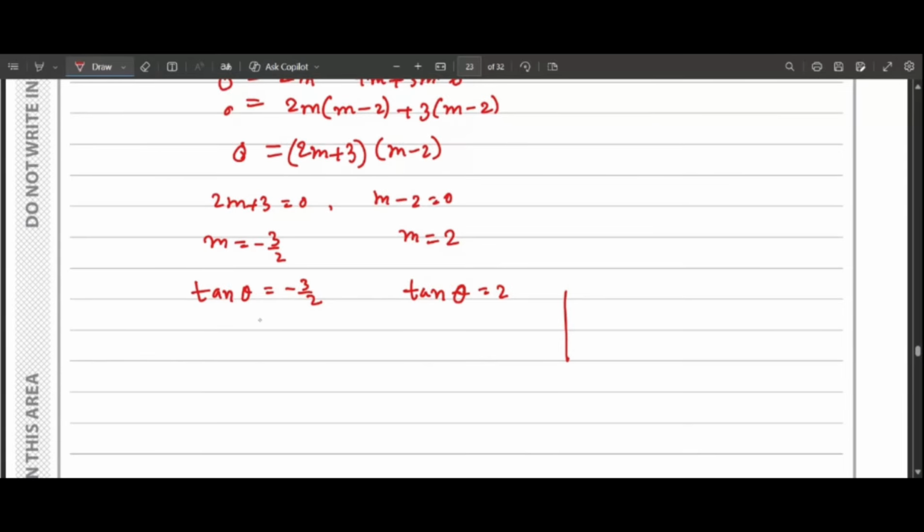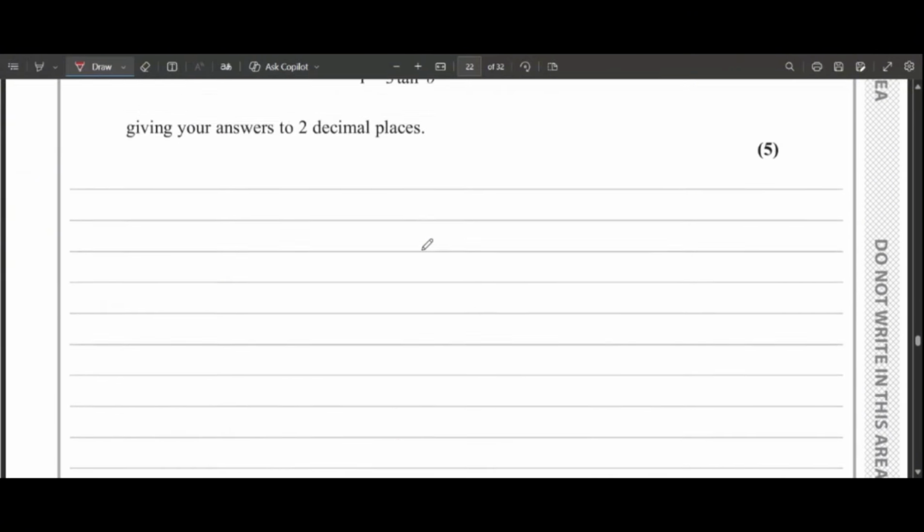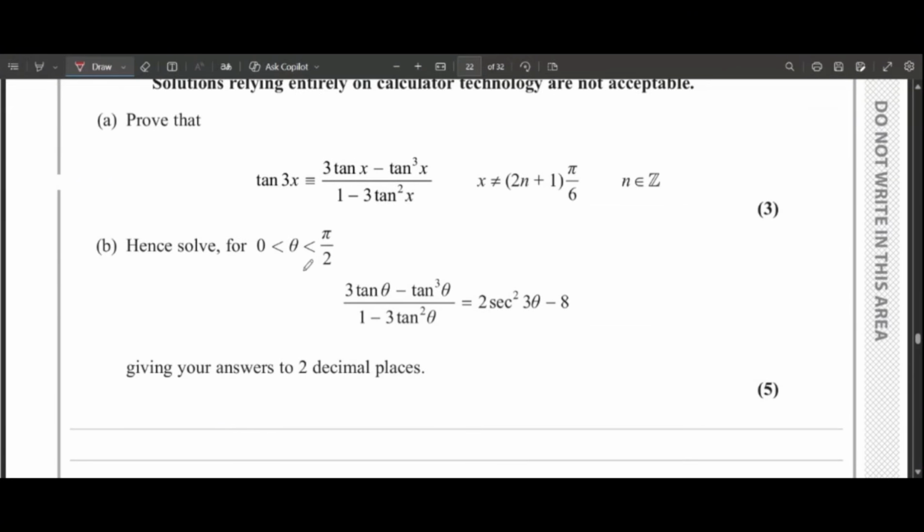Now we have to solve these equations for theta. We already know the range of theta is given as theta is greater than 0 but smaller than pi by 2.